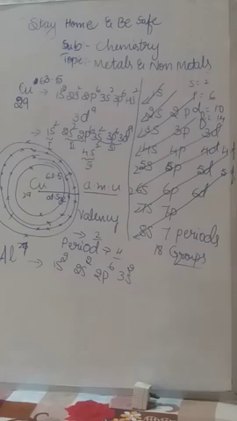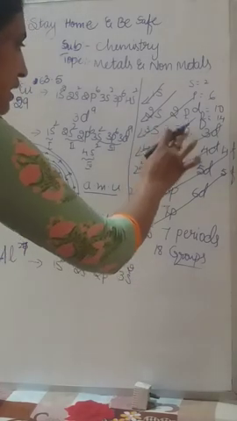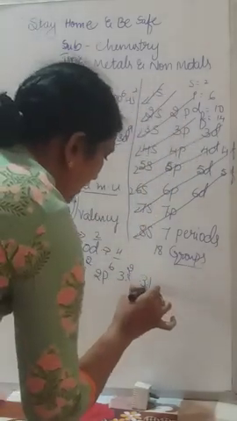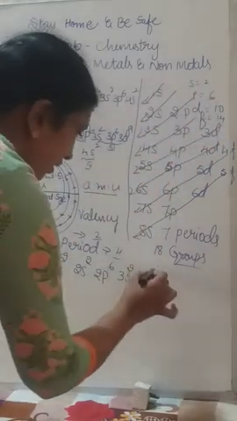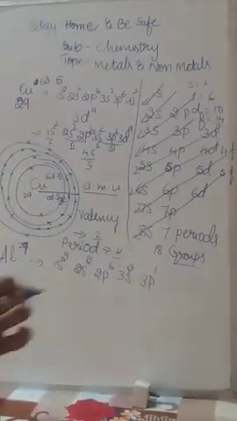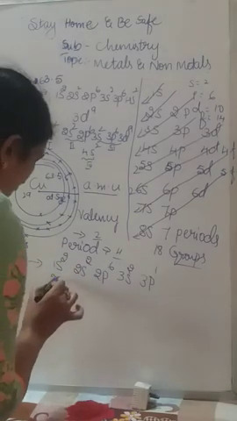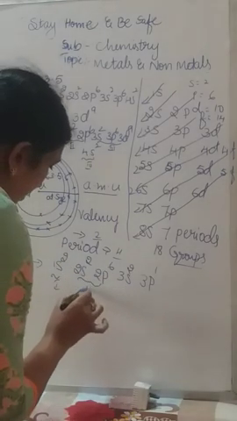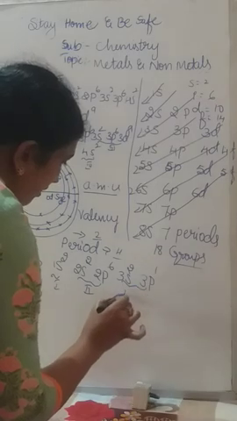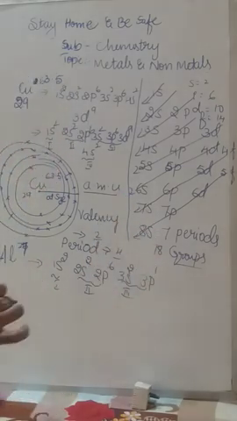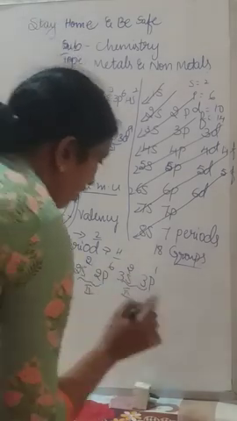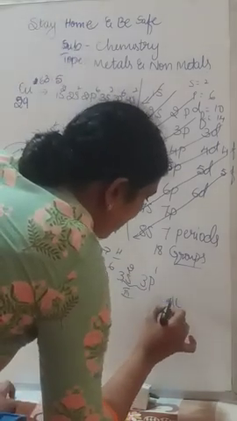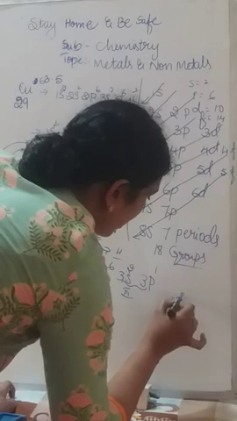So 1 is balanced. Let us go for one more orbital, that is 3p after 3s. In 3p we can fill a maximum of 6 electrons, but here we require only 1. So 3p1. Here this is the first orbit, this is the second orbit, and this is the third orbit. So for the aluminium atomic structure, only 3 orbits are there. 13, 27.